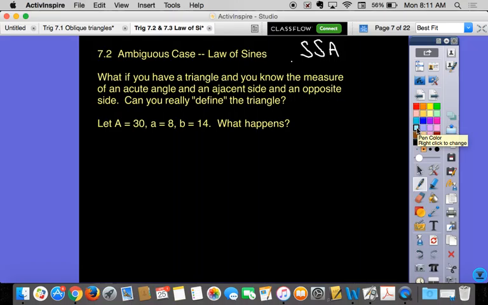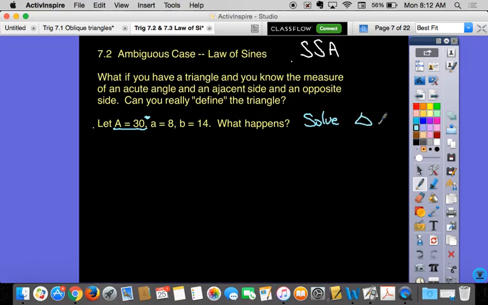So this is going to vary from what we did earlier because I'm only giving you one angle. If I tell you that angle A is 30 degrees and side a is 8 and little b is 14, this is what happens. Basically, I'm asking you to solve the triangle.